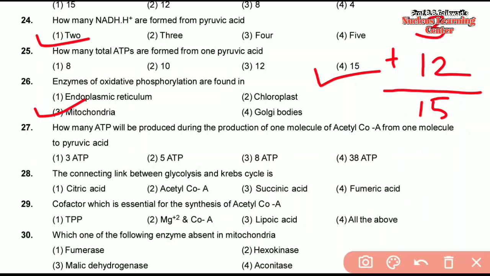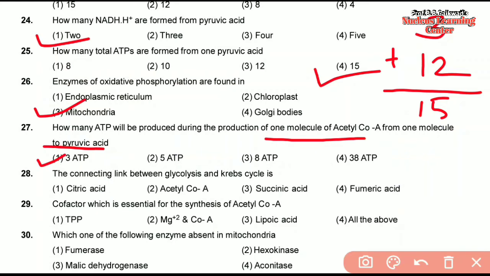The next question is, how many ATP will be produced during the production of one molecule of acetyl-CoA from one molecule of pyruvic acid? The correct answer for that is 3 ATP molecules, because here they have asked about one molecule of acetyl-CoA.